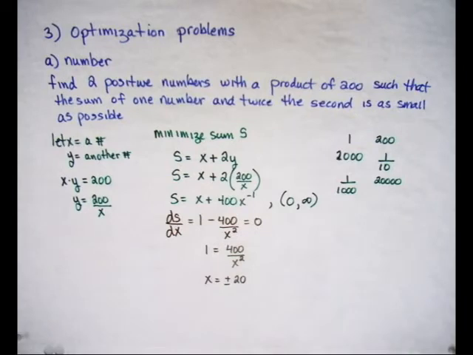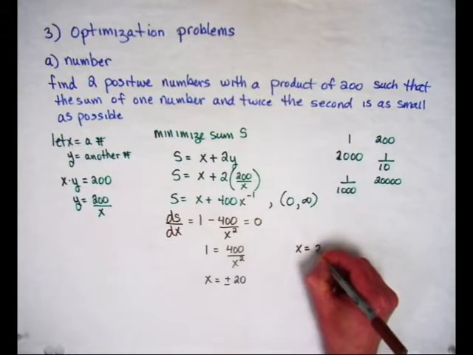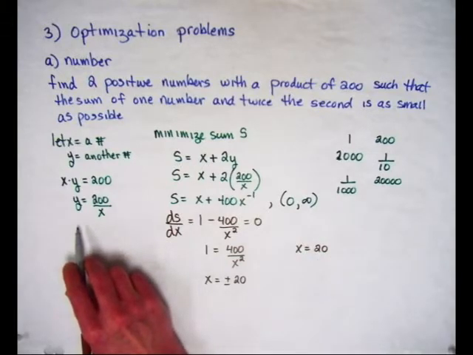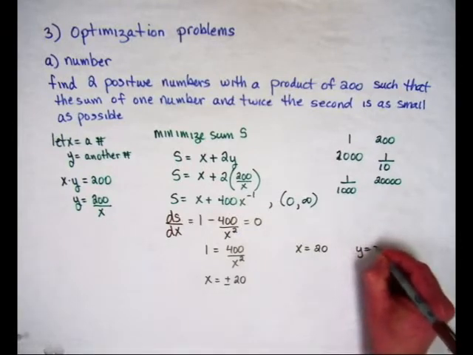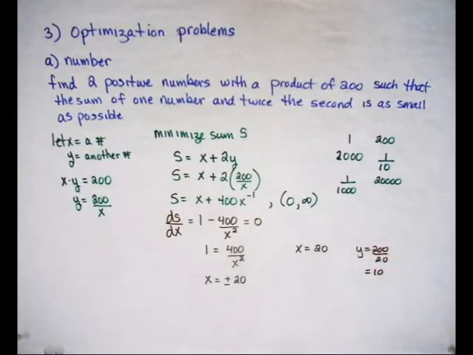Now we can disregard the negative 20 since we can't have a negative value. So that means that one of our numbers would be 20. The other number, y, would be 200 divided by 20, or 10.